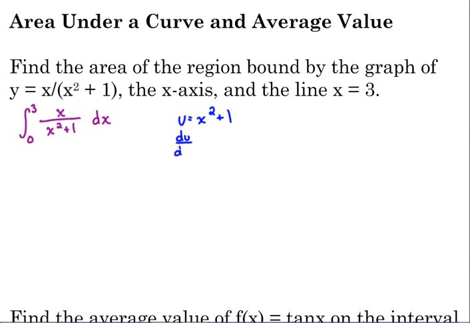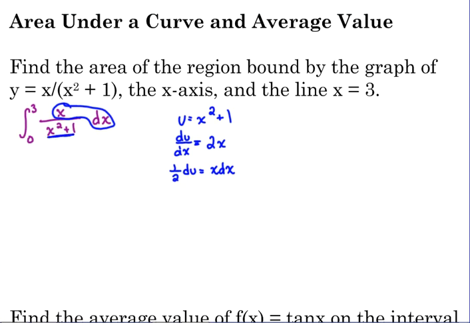When we take the derivative of that expression, we get 2x. We don't have 2x in the problem, we have just x. So we need to move the 2 to the other side, so that becomes 1/2 du, and we've got x dx, so this is covered by the 1/2 du.